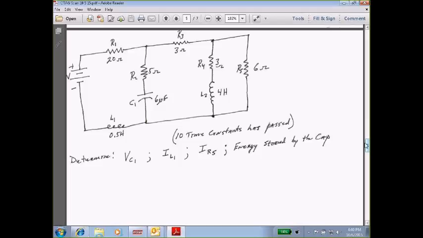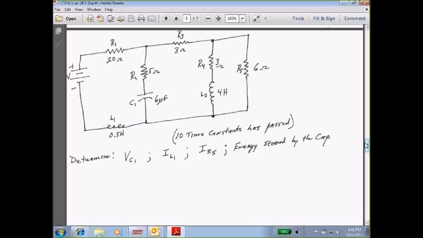Now, if you'll notice the way this problem is written, we could do this at less than 5 time constants. We could figure out what's 3 time constants, or a half of a time constant, whatever time we wanted to put on there. And to do that, we would simply add a switch, and we would say the switch has been closed for so many seconds, or so many milliseconds, whatever.